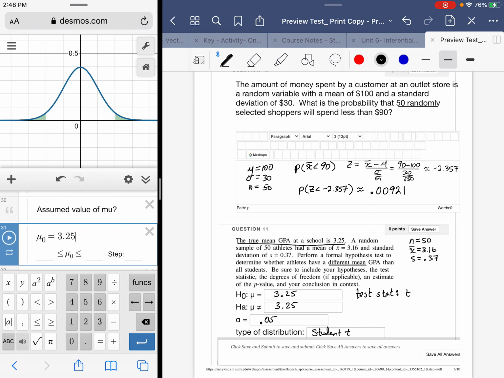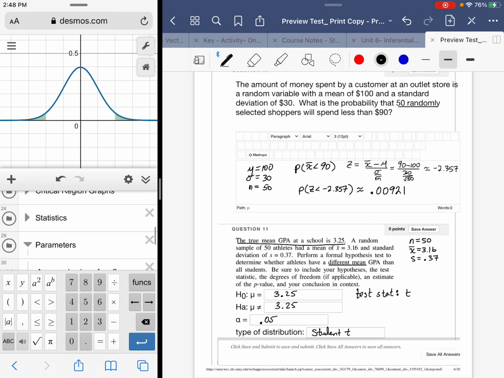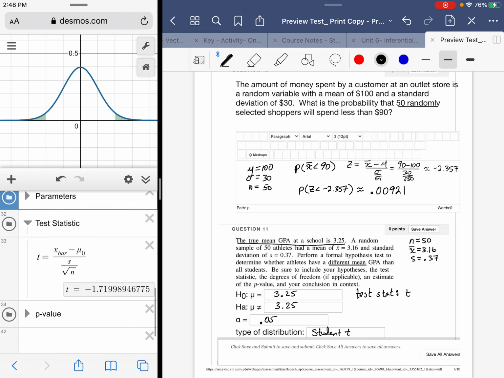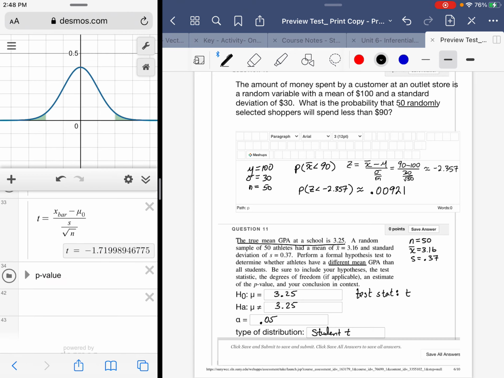That's my mu equals mu sub 0, so the mu sub 0 we're assuming is 3.25. So that makes the test statistic t equals negative 1 point, if we're rounding to 3 significant figures, 720.